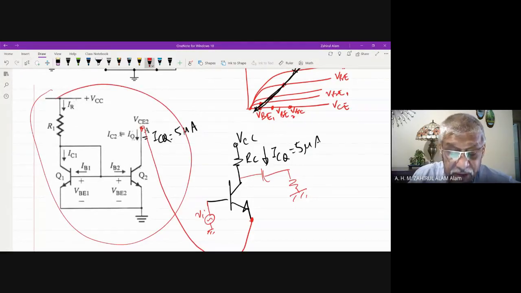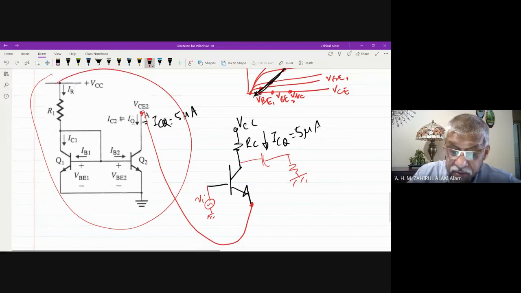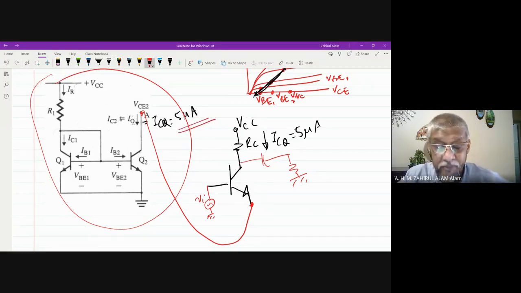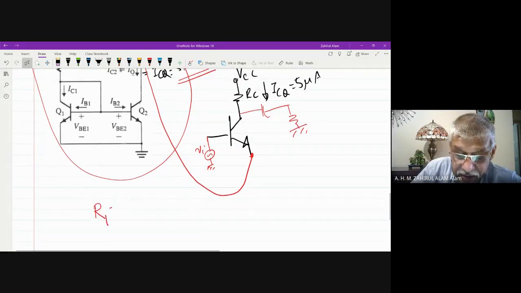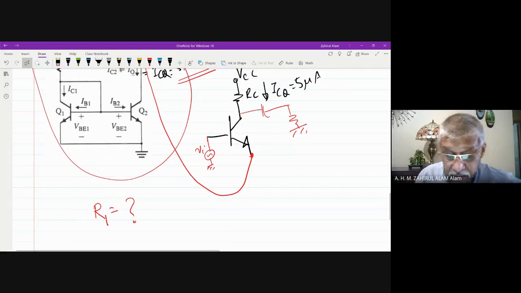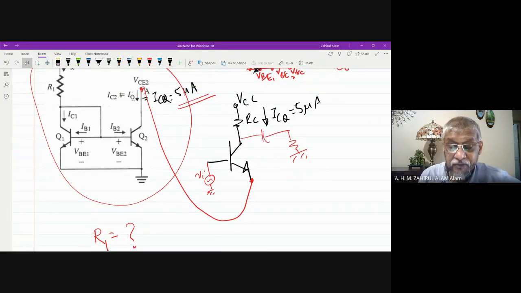Design means we need to design this circuit so that it will deliver 5 microampere current. In this case, that means we need to find the value of R1 to deliver 5 microampere.